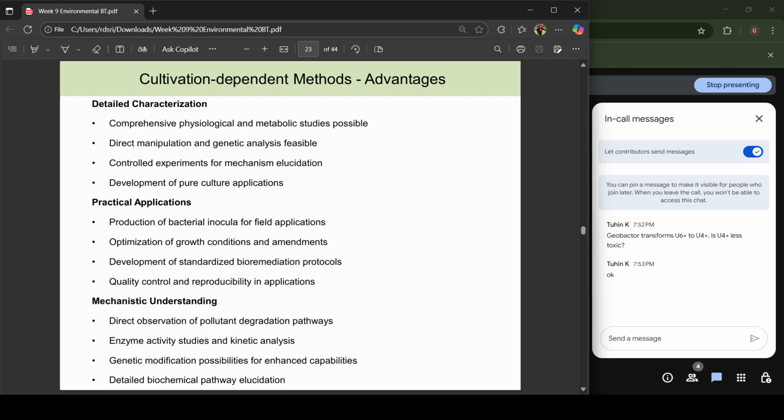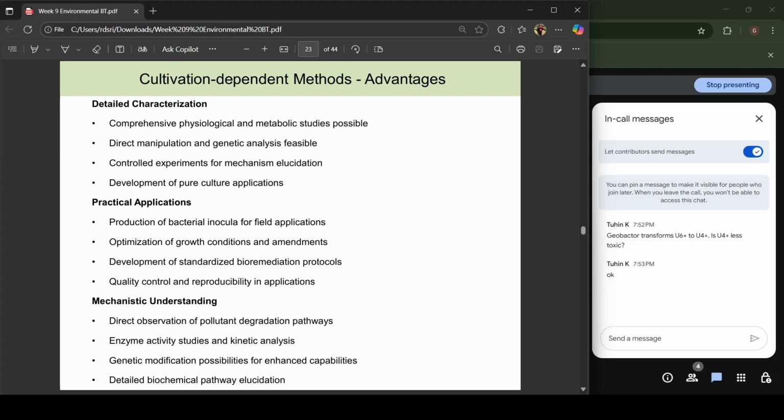And if we can grow these organisms in the laboratory, we can study optimizing the physical and chemical parameters to enhance the growth, the yield, the energy gain, and the rate of the process. All this optimization is possible if the microorganisms can be grown in laboratory conditions. We can do different experiments and go for optimizing the process.